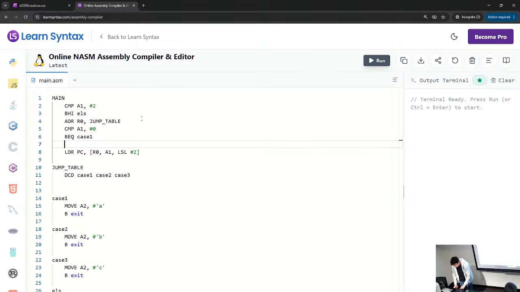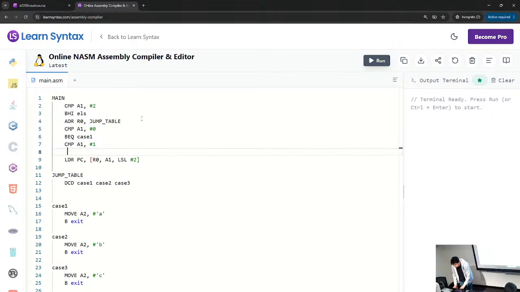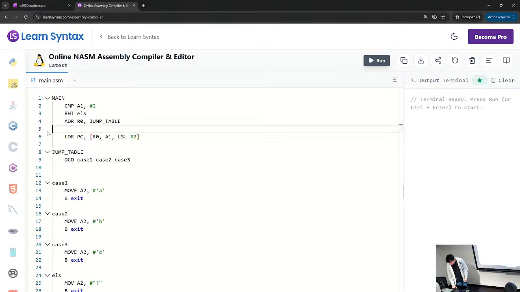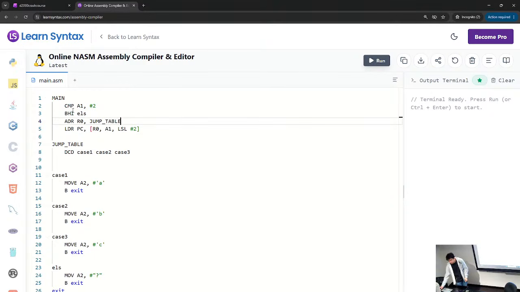Then compare A1 with 1, and do your next branch if equal. But you can see the issue with this is you'll end up having lots of compare statements, right? With the jump table, you only need one compare, and then you just jump straight there.